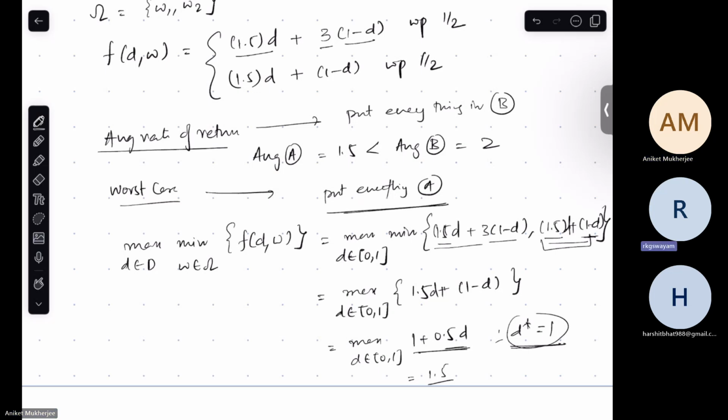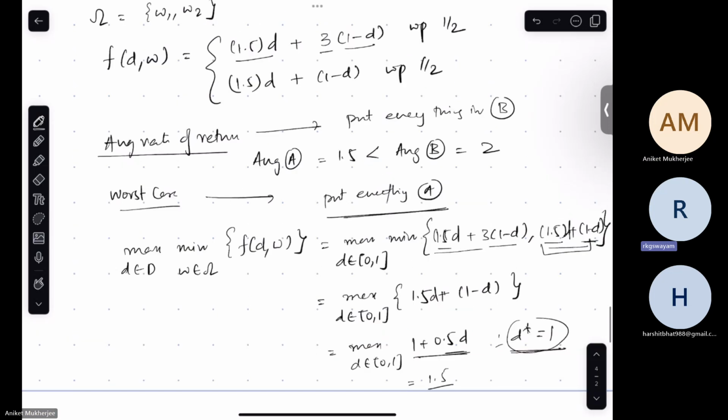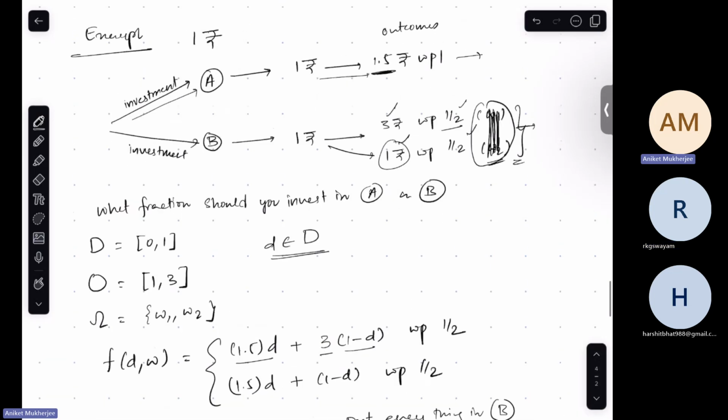So what's the rationale behind taking the max of all the mins? The reason behind this is, when I asked you for a logic, the first logic that people get is the average rate of return logic. There is also a logic of worst case return. People want to minimize their losses.